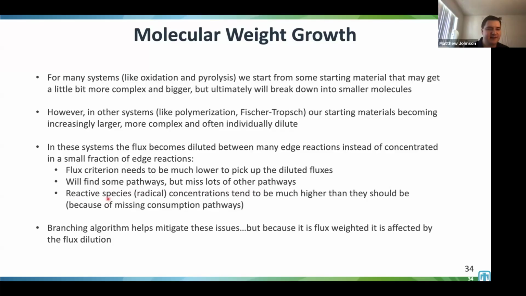And in general, in reactive species, these radical concentrations tend to end up much higher than they should be because we tend to miss these consumption pathways. Now, the branching algorithm is related to this, and it helps mitigate a lot of these issues. However, because it's flux weighted, as we mentioned before, it's significantly affected by this flux dilution. As we dilute out, it isn't able to help us as much.